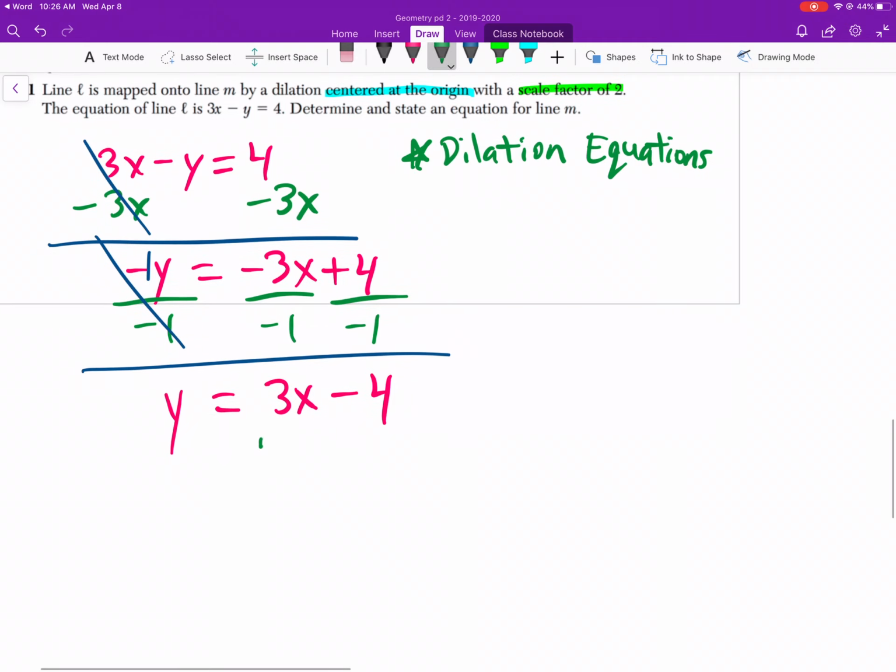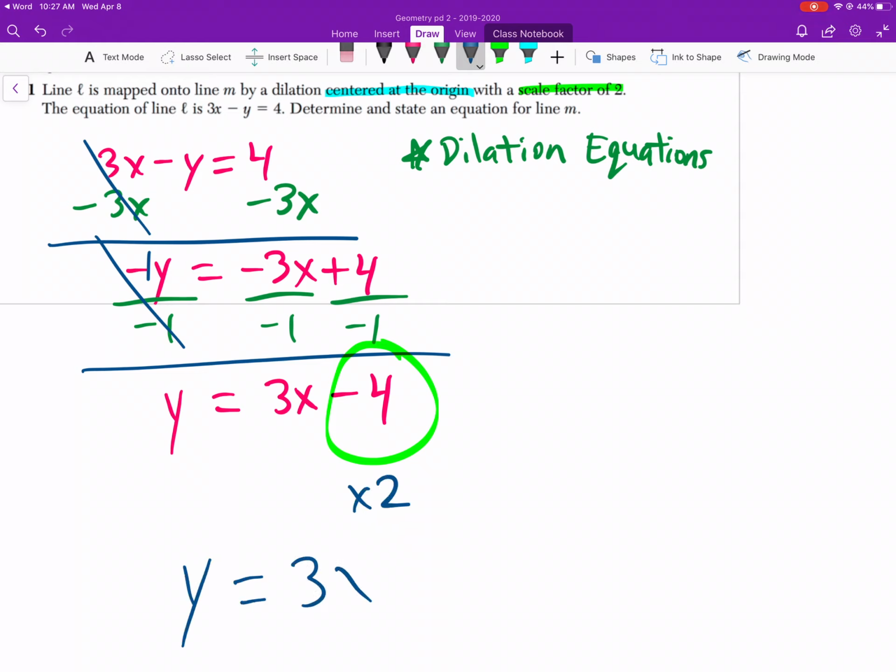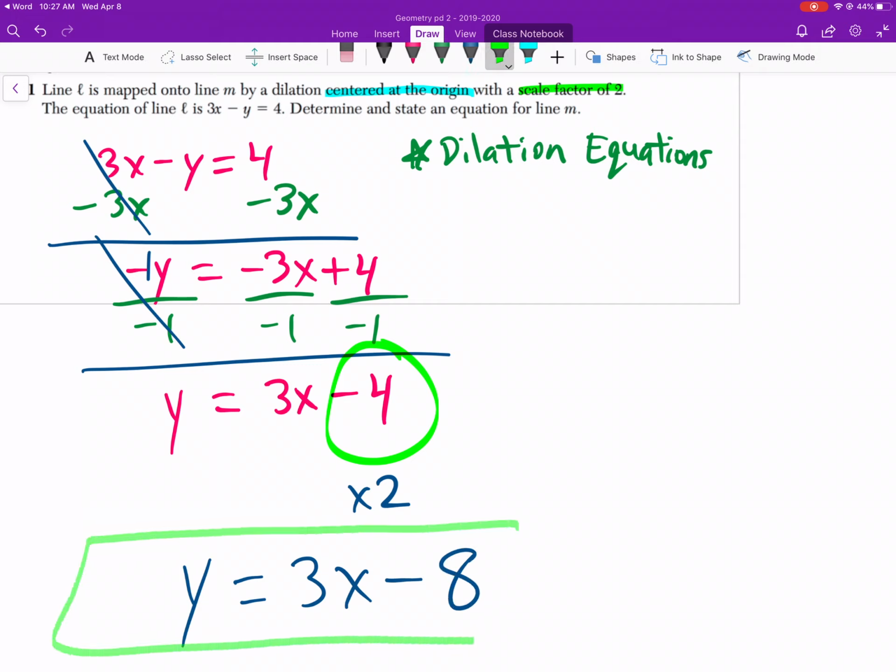We could see the slope. We could see the y-intercept. All right, but at the end of the day, when something gets dilated, you take that y-intercept and you multiply it by the scale factor. Scale factor, checking the problem, is 2. So our final answer would be y equals 3x minus 8. Same slope of 3 and a different y-intercept.